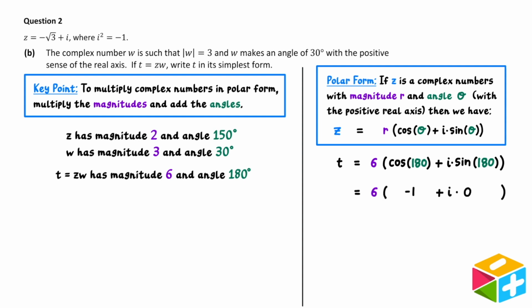Using our calculator, cosine of 180 gives us minus 1. Sine of 180 gives us 0. i times 0 is 0, so this simplifies to 6 times minus 1, which is minus 6. So our final answer is that t is equal to minus 6.